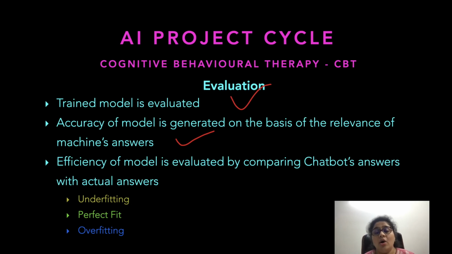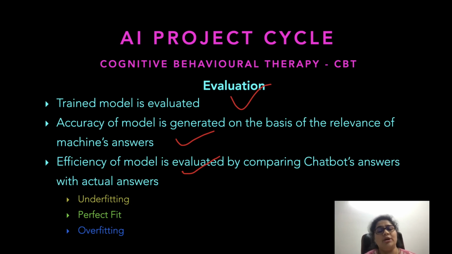How do we test the efficiency of the model? Efficiency is evaluated by comparing the chatbot's answer with the actual answer. We'll ask questions to the chatbot, and whatever answer the chatbot gives, we already have our actual answer list for those questions. That's how we compare and test.